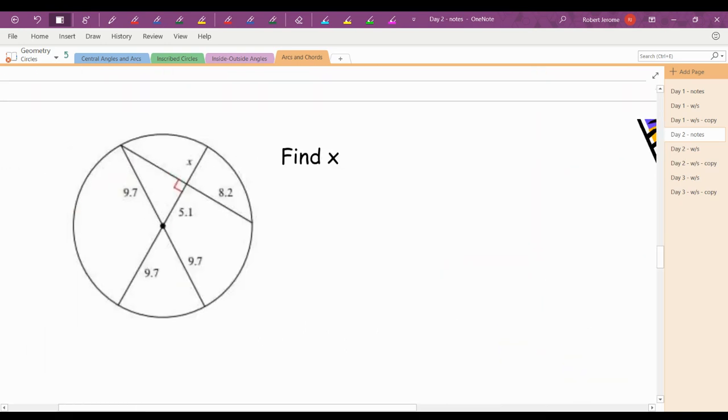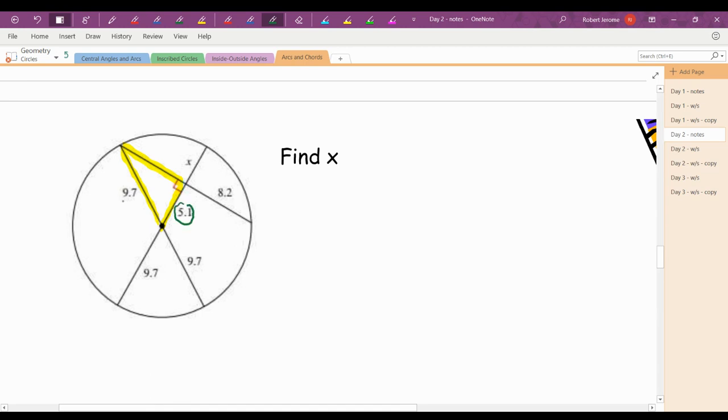Let's take a look at this one. This looks like it's so much more complex, but it really isn't. Let's look at the important parts here in this picture. Always find your right triangle. So what do we have going on here? We know this side is 5.1.